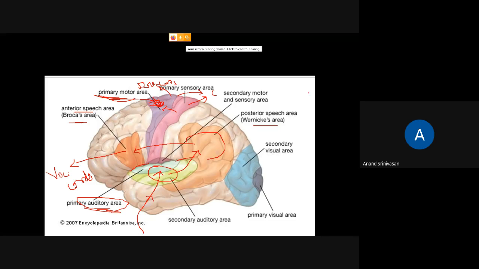Say for example, one person's Wernicke's area is not working, or the blood supply to the Wernicke's area is damaged. The blood supply to that part of the brain is gone, and the Wernicke's area is not responding. So what happens if you ask a question to this person?